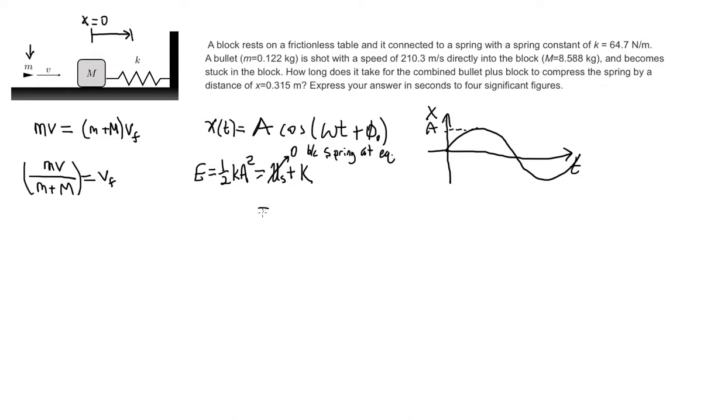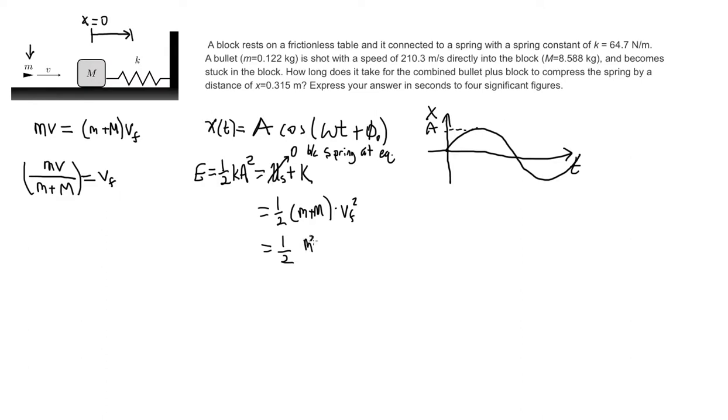Therefore, it's just the kinetic energy. And so that's 1/2 m plus big M times Vf squared, where we've already calculated what Vf squared is. The m plus M cancels one down there.